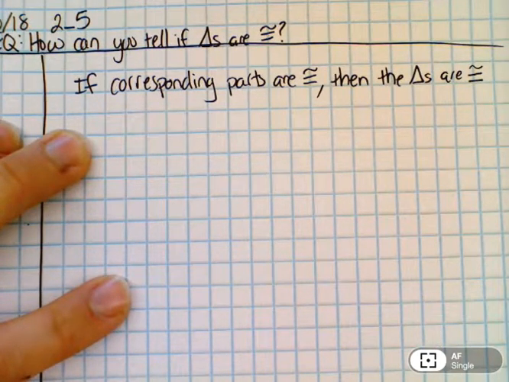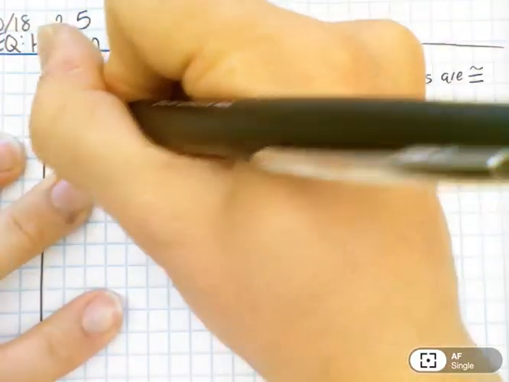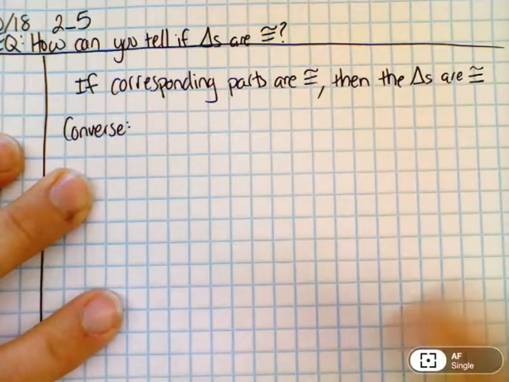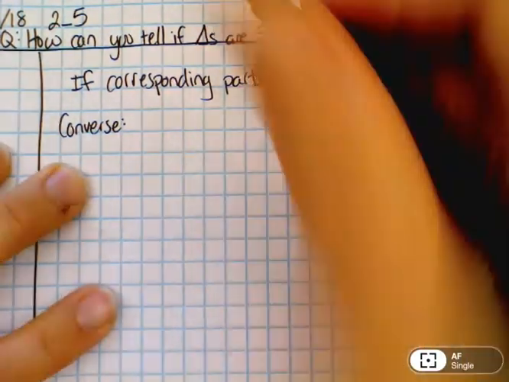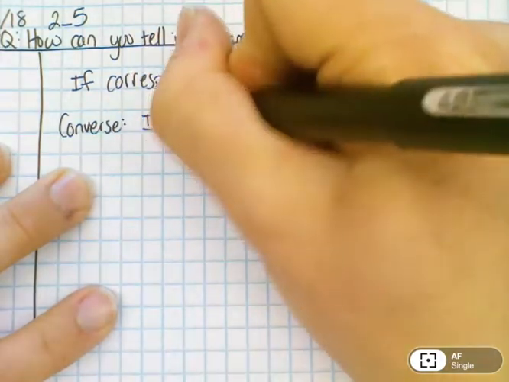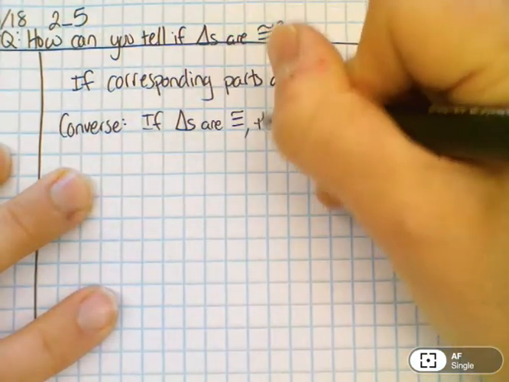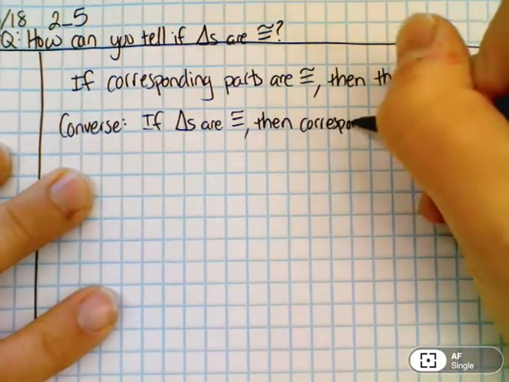So that is just a fact. If all the corresponding parts are congruent, then the triangles are congruent. Corresponding just means matching. And then the converse of this is also true. We talked about converses last class, but if I flip the if and the then statement, we have another true statement. So in this case, if the triangles are congruent, then their corresponding parts are as well.